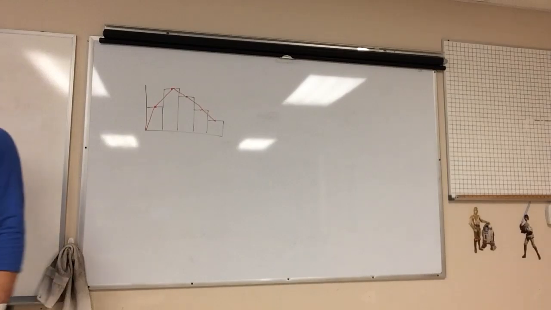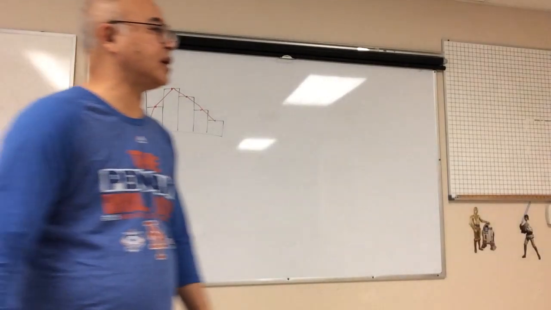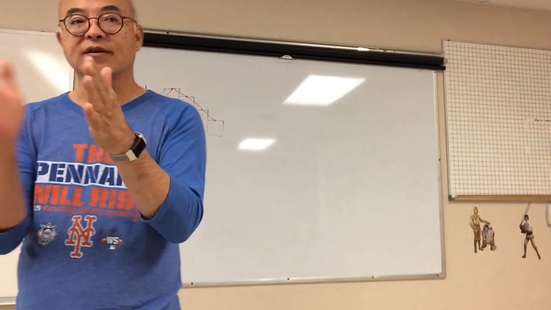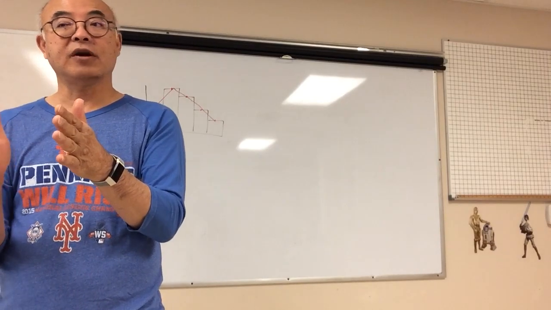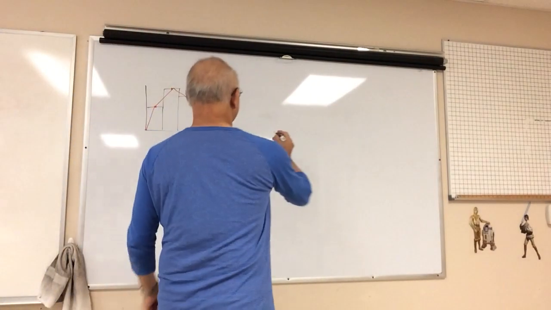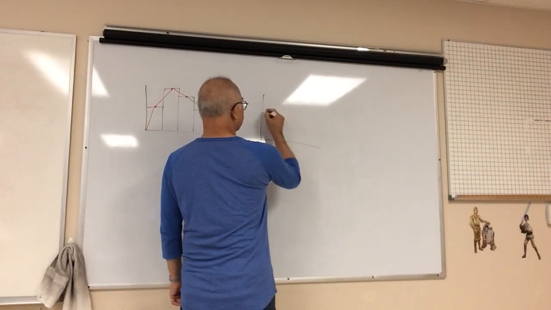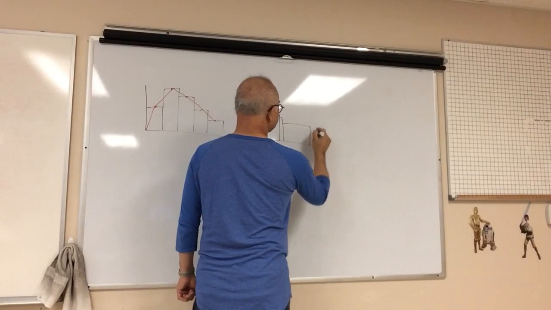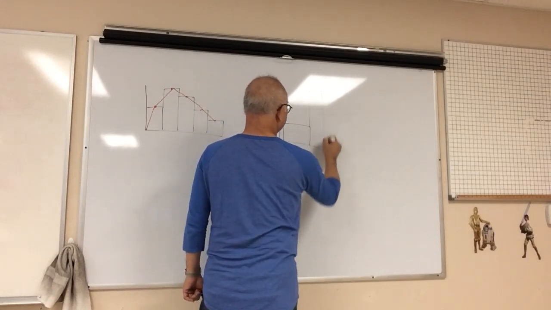So that's one. Then we also talked about when we were doing bar graphs or histograms, we said that the width had to be the same, right? Remember I showed you a histogram that looked really funky, like this, right?